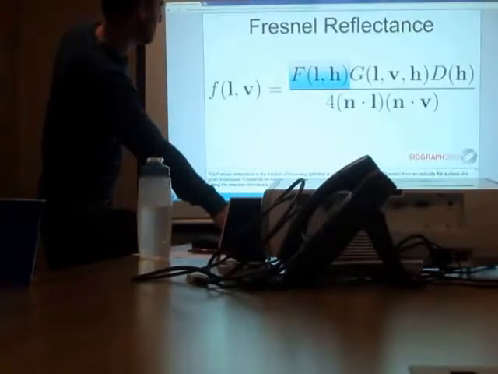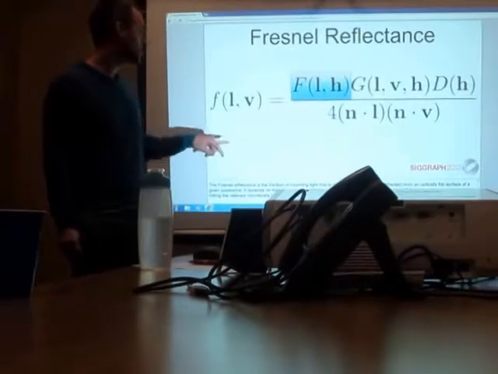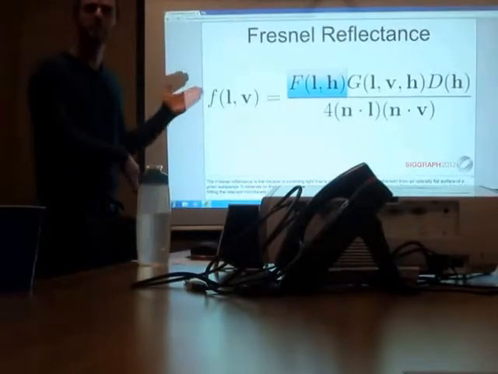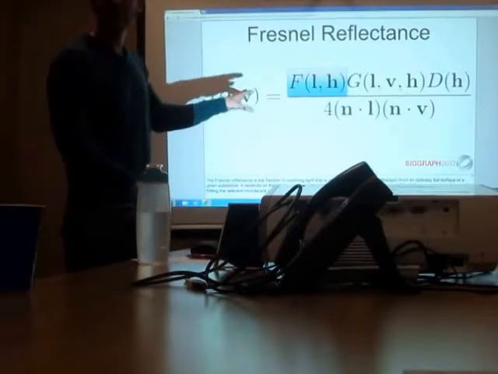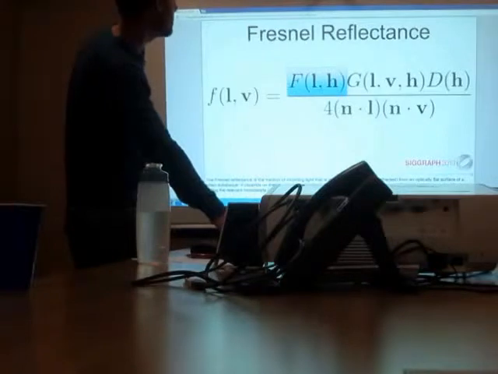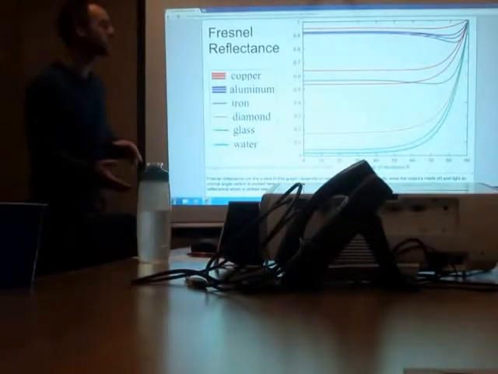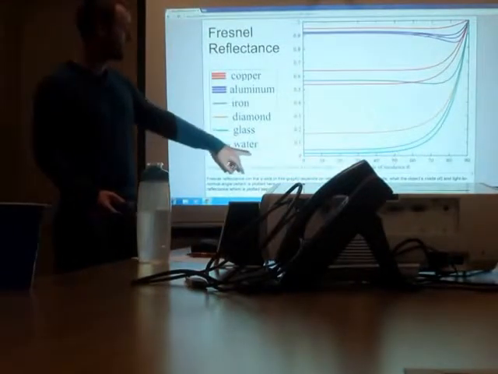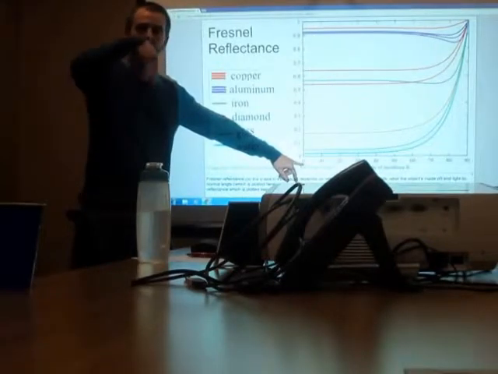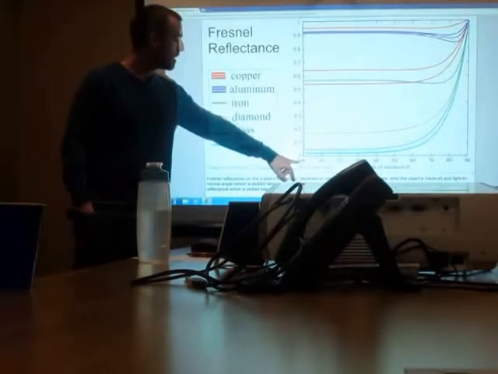So this one's the Fresnel reflectance, and the Fresnel reflectance is the fraction of incoming light that is reflected as opposed to going into the surface. And since we're talking about specular, we only care about the percentage that's reflected directly off of the surface. And all of you are very familiar with this. If you take water, for example, if you look straight down on water, which means that you're looking directly aligned with the normal, right?